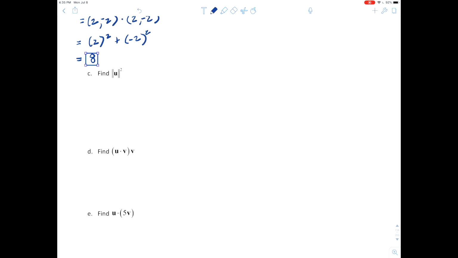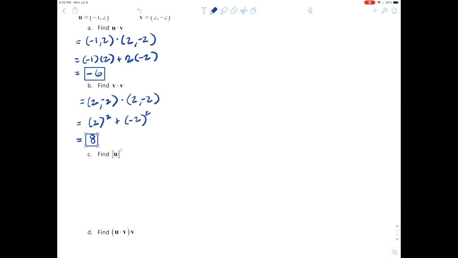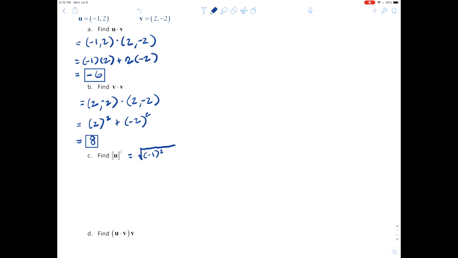And the magnitude of u squared, so what was u again? Negative 1, 2. So let's take a look. That's going to equal the square root of negative 1 squared plus 2 squared, so you can see it even better here, squared.